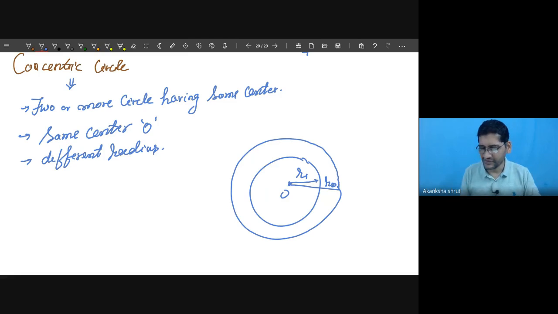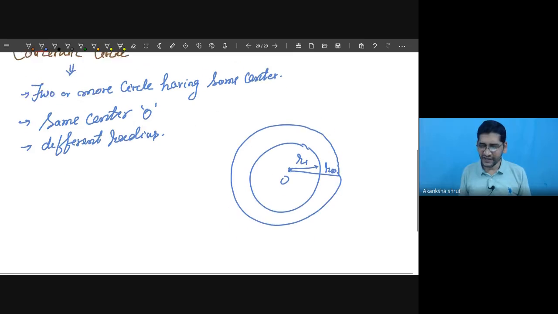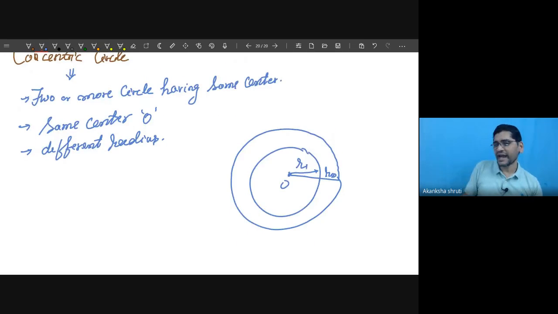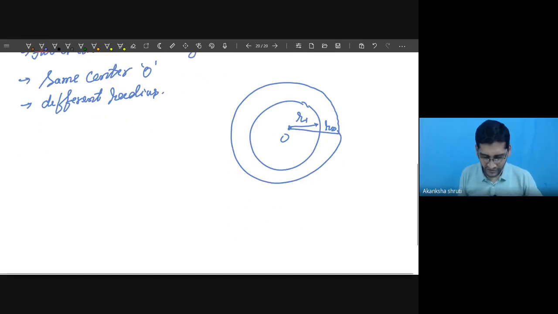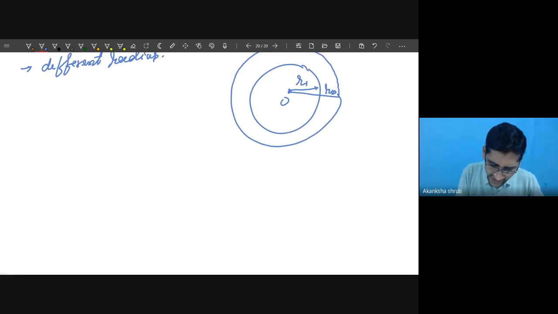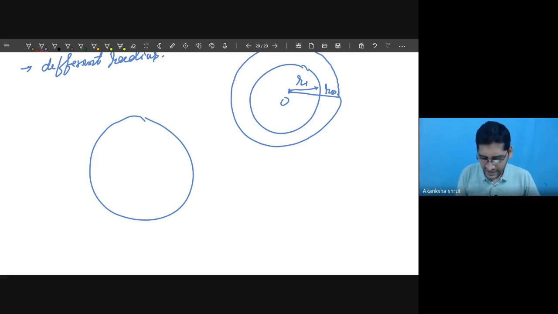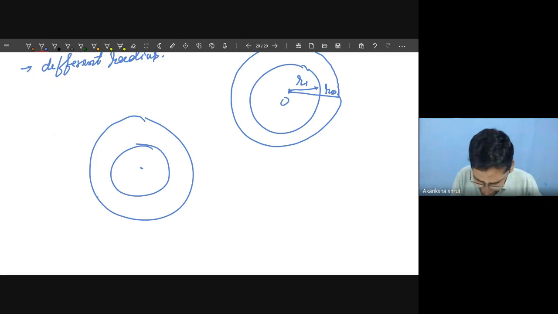So this way a chord can be drawn for this one also. It is possible that you are given this circle and another concentric circle, and then you draw a chord.